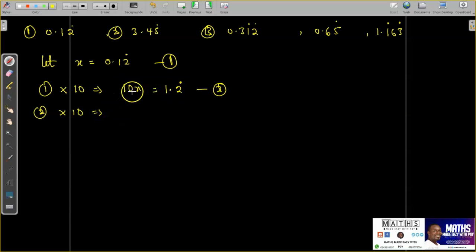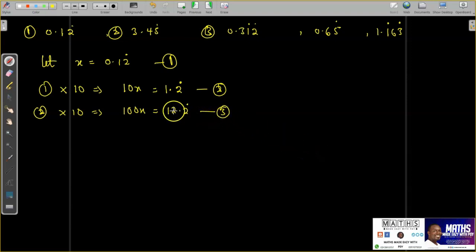Multiplying through by 10, we get 100x equal to 12.2 recurring. That's equation number 3.